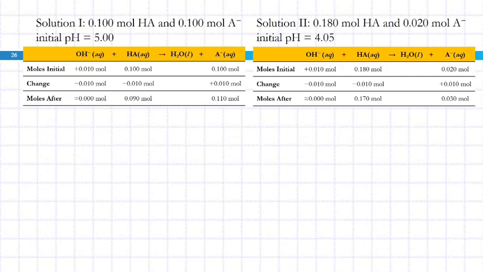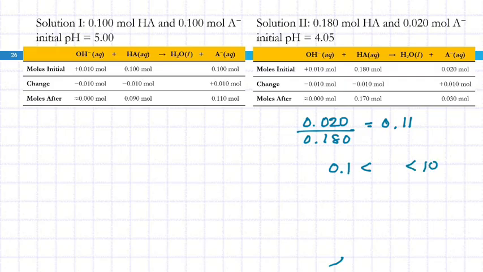Or we could look at 0.020 divided by 0.180. And that's 0.11. So we want that to be greater than 0.1 and less than 10. So that does make it into a reasonably effective buffer, just barely. Any questions?